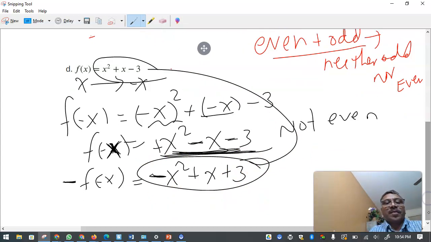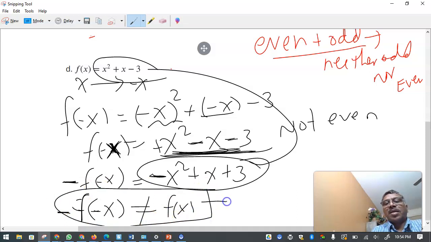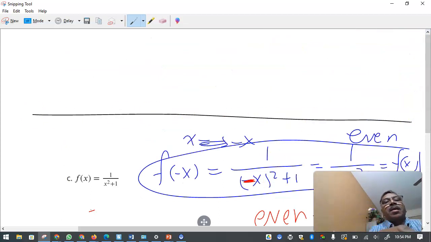So what that means is f of minus x is not the same as minus f of x; you don't get the original function, so that's why this is not odd. By now I think we should be able to confirm that. Two things you should remember: if you have something plus or minus, if this is even and this is even, you'll always get even.